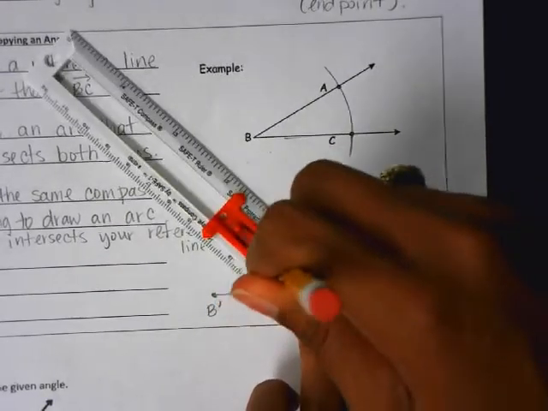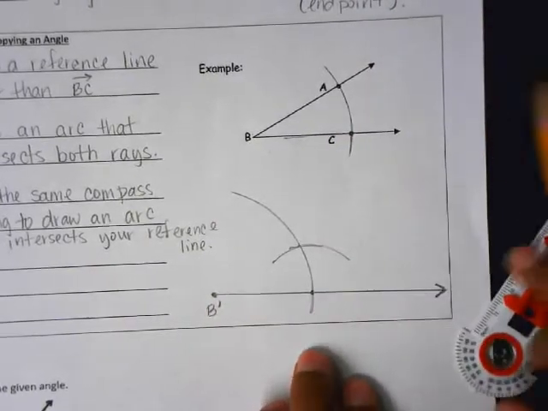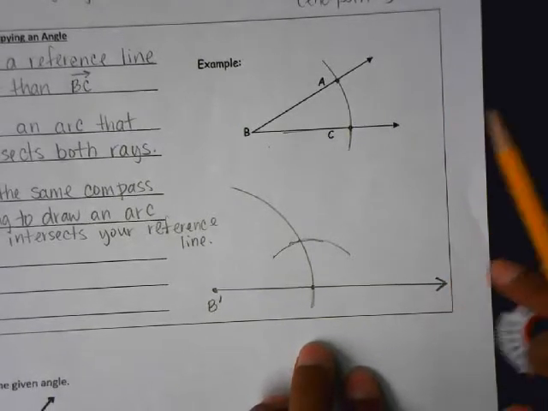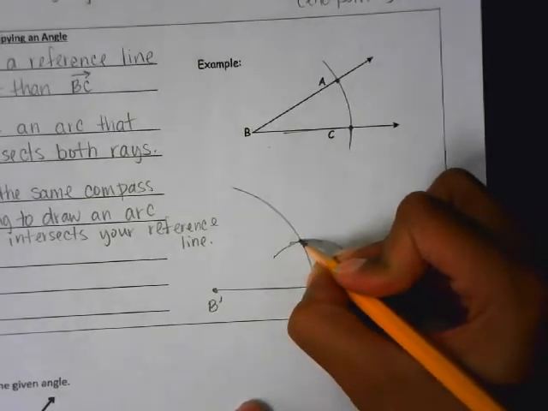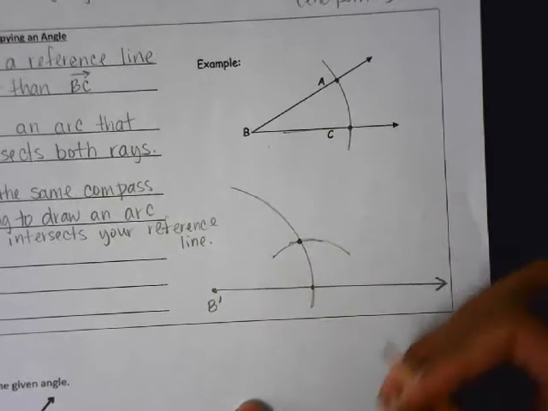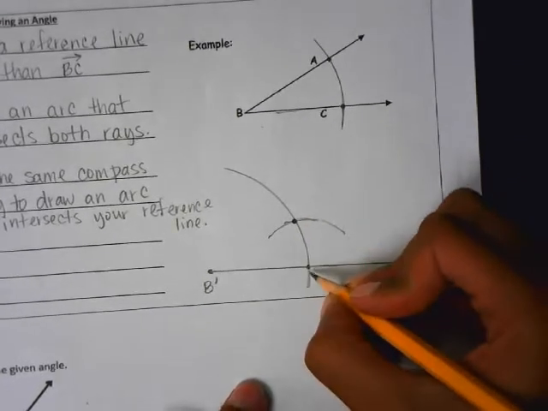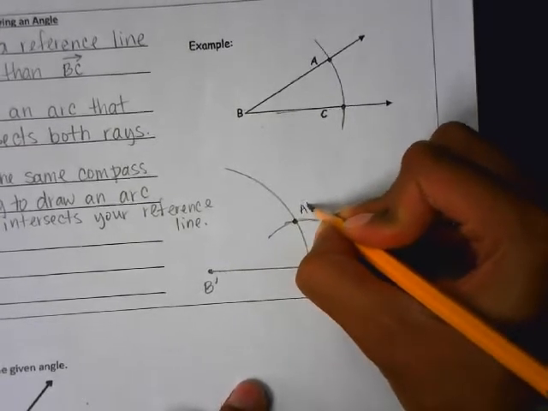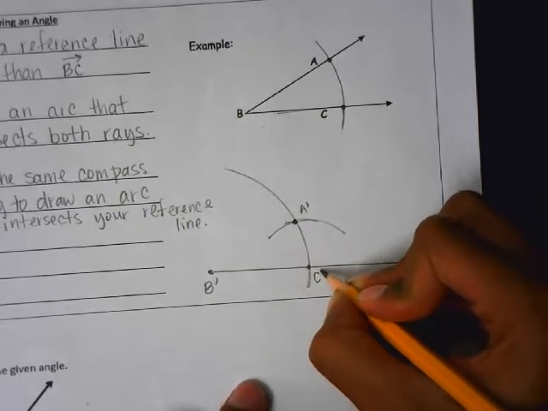Okay? Now, where those two arcs intersect, I'm going to draw a point of intersection. Okay? And we can go ahead and label that point of intersection A prime, and this point of intersection down here C prime. Okay?